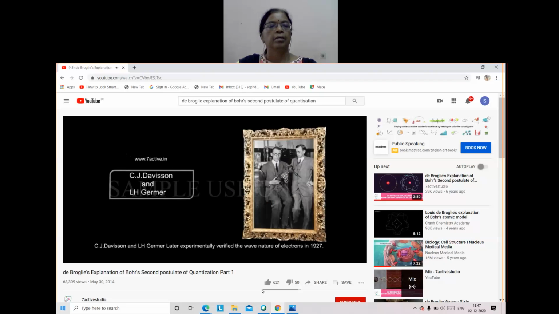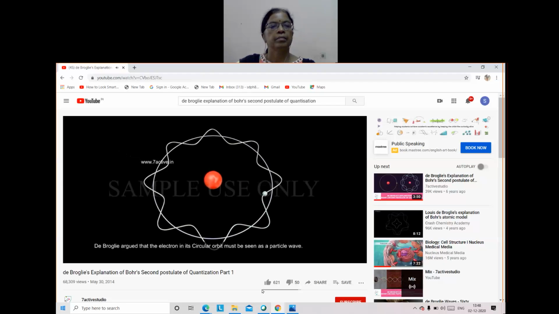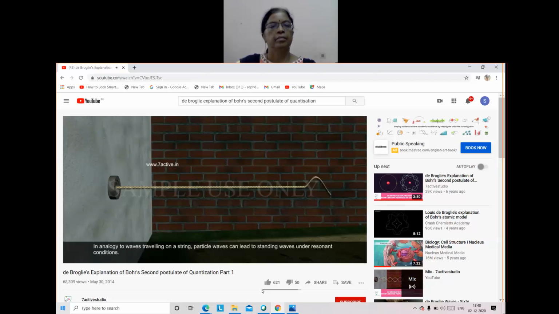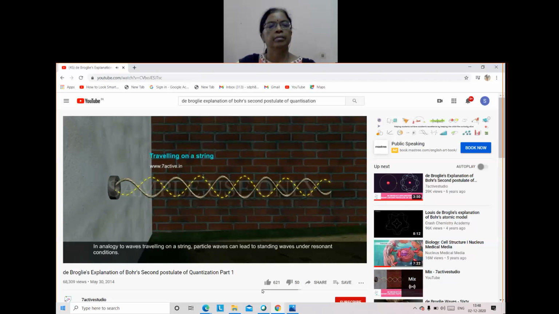C.J. Davisson and L.H. Germer later experimentally verified the wave nature of electrons in 1927. De Broglie argued that the electron in its circular orbit must be seen as a particle wave. In analogy to waves traveling on a string, particle waves can lead to standing waves under resonant conditions.